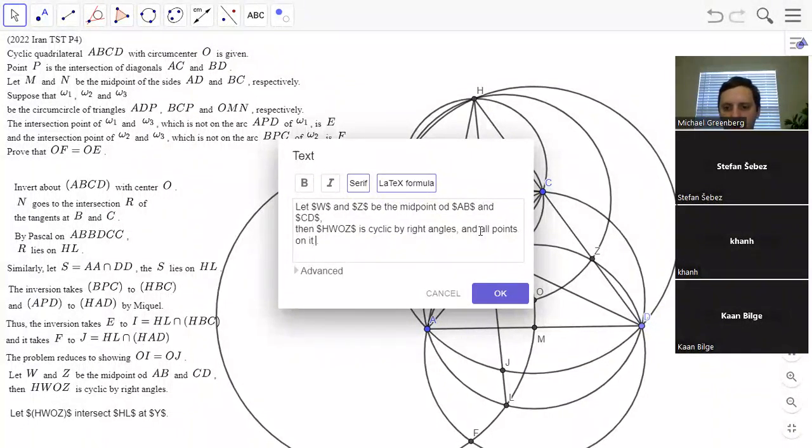And all points t on it have power of t with respect to HAD and HBC equal to -1.